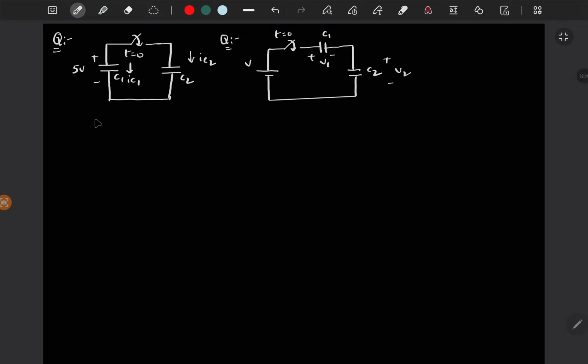So if you look at the circuit, you have two capacitors, and one capacitor is initially charged at 5 volt, and here it is not given. So assume there is no initial voltage across the capacitor. So we will first solve this circuit.